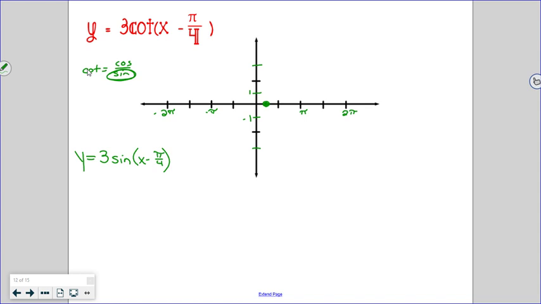So I'm going to go halfway between the next two, up 3, back to my midline, go halfway between the next two, down 3, back to my midline, fill in the other direction, halfway between, down 3, back to my midline, up 3, back to my midline. The midline ones are really all we care about. Those are our asymptotes.